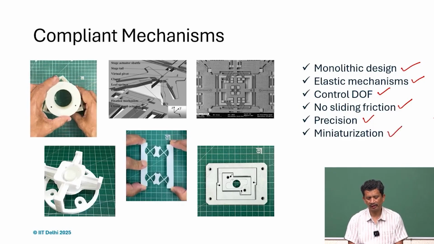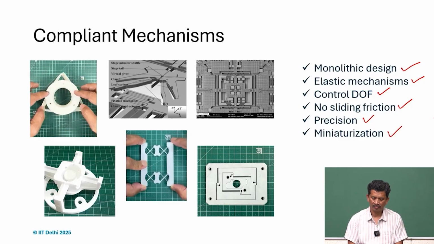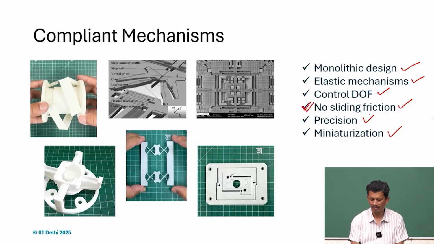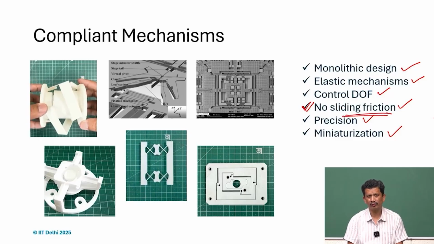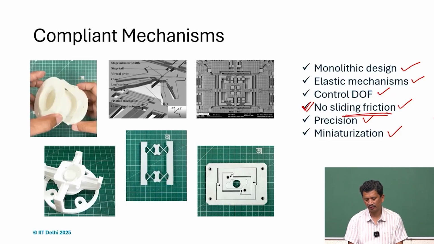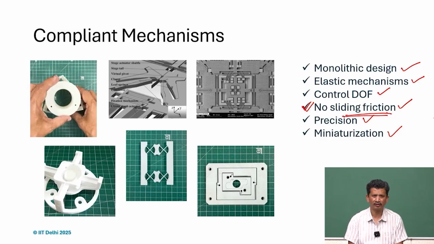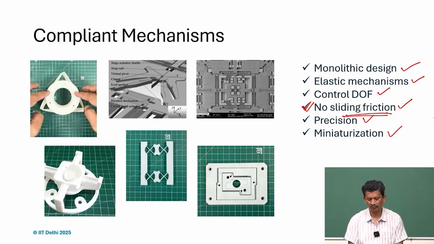So one of the things we have been pointing out several times is friction, and why it is so important, why it has a detrimental effect if we are looking for precision.